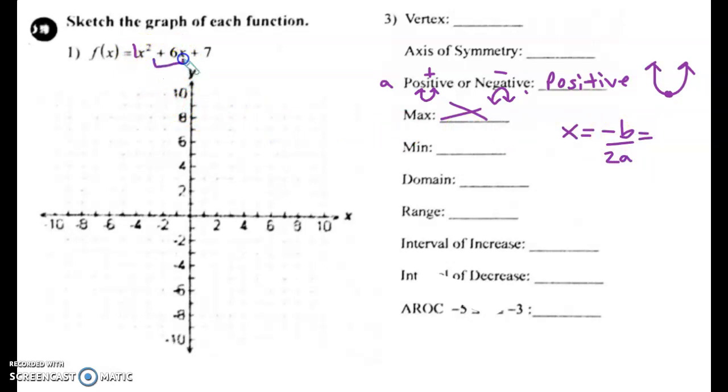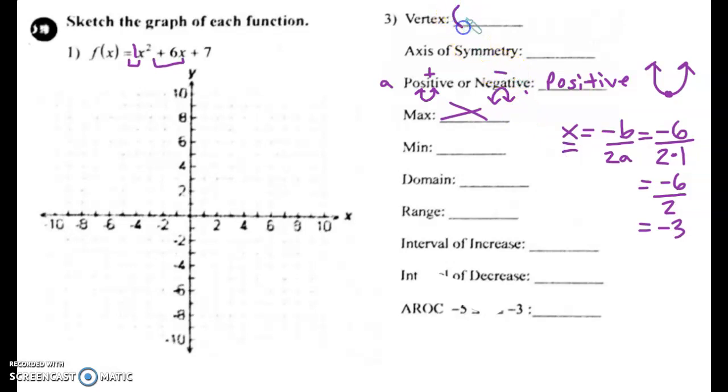This is b, so a positive 6. The negative is in the equation, so then plug in a positive 6. So I get negative 6 over 2 times a. My a value is a positive 1. So negative 6 divided by 2 times 1, which is 2, is negative 3. And that, remember, was my x value of my vertex.